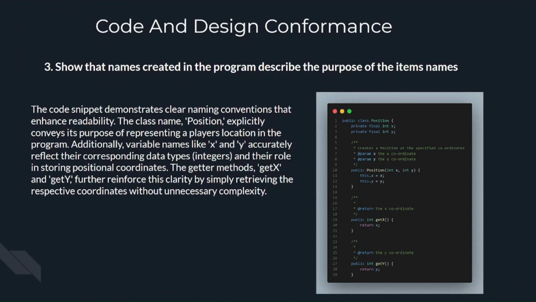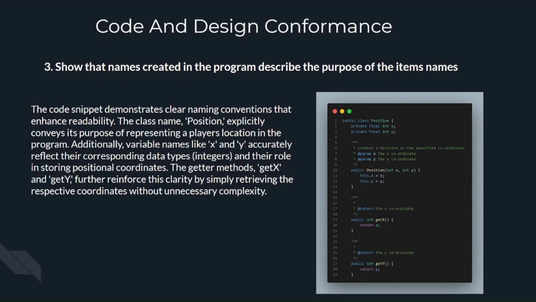The code snippets demonstrate clear naming conventions that enhance readability. The class name Position explicitly conveys its purpose of representing a player's location in the program. Additionally, variables like x and y accurately reflect their corresponding data types, which are integers, and their role in storing positional coordinates.